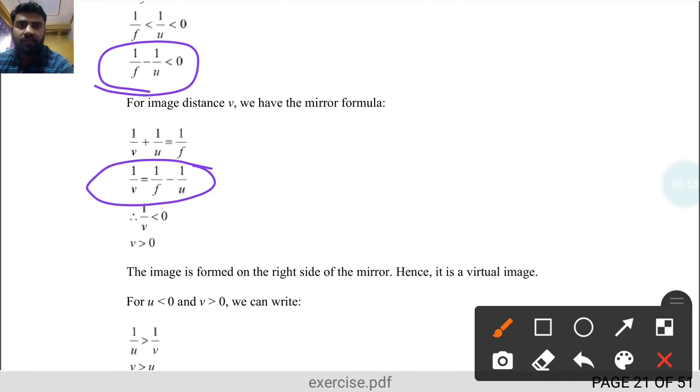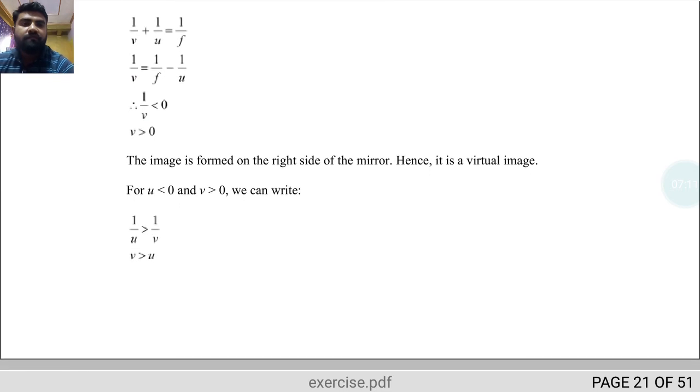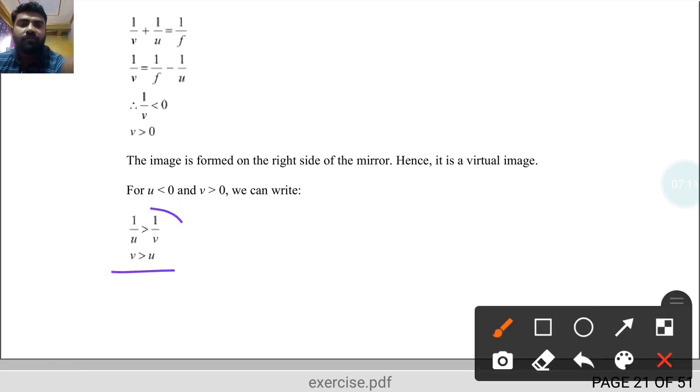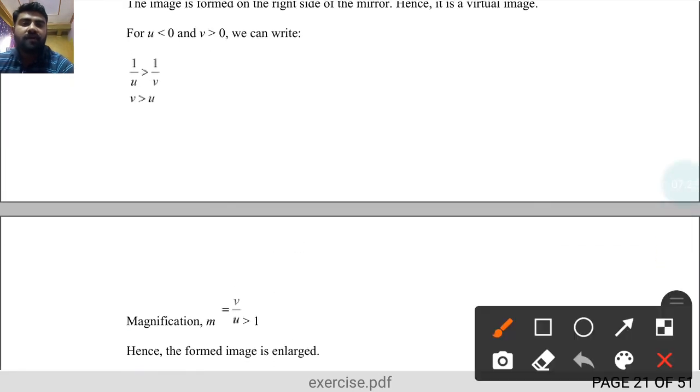Because of this, 1 upon v is greater than 0, so v is positive, that means we get the image on the right hand side, that means a virtual image. So u less than 0, v greater than 0. Because 1 upon u is greater than 1 upon v, v is greater than u in magnitude. So the magnification m is equal to minus v by u and it is greater than 1, that means the image will be enlarged compared to the object.